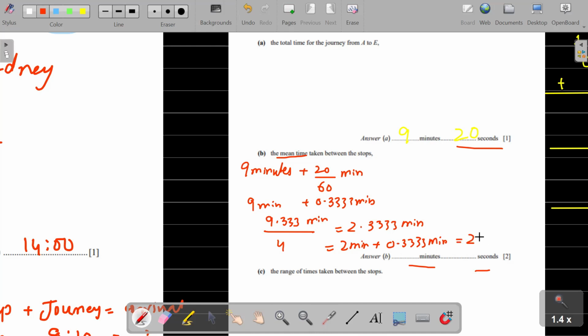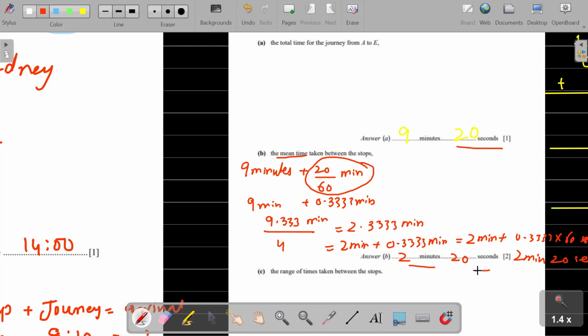So 60 times 0.333 is the same answer as this one, which is 20 seconds. So it will be 2 minutes and 20 seconds. That will be our answer.